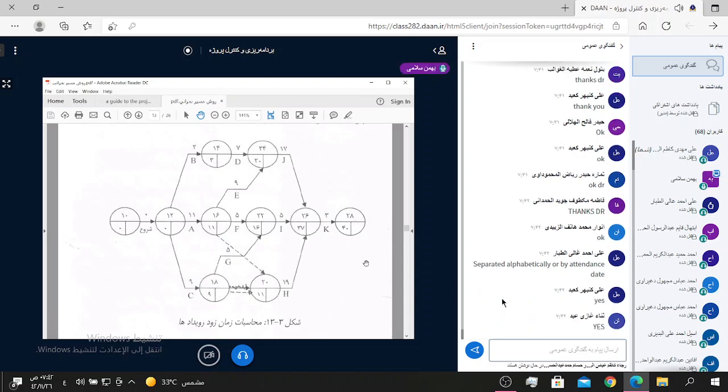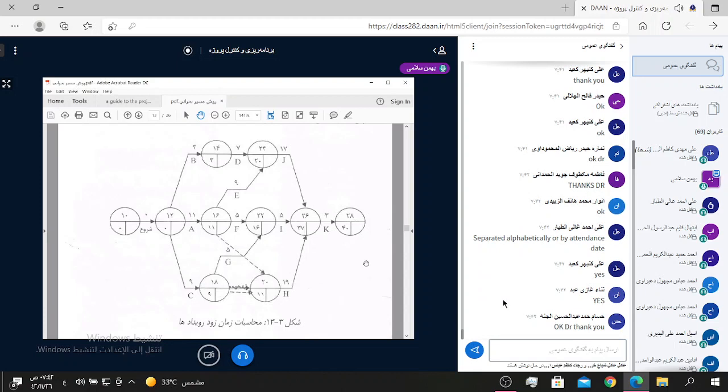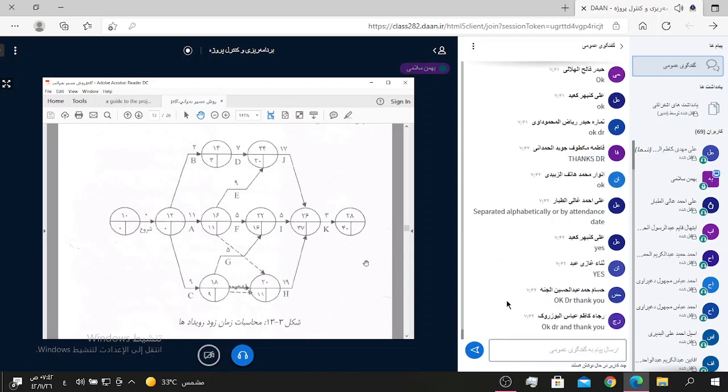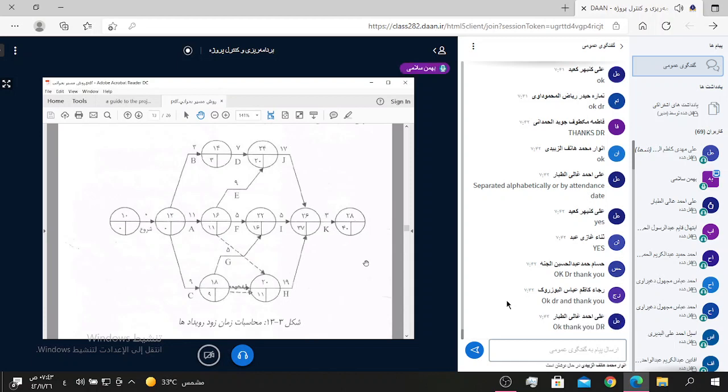I don't know if it is separated alphabetically or by attendance date. You should go to your profile and you can see that. But today all the students should attend in this class.